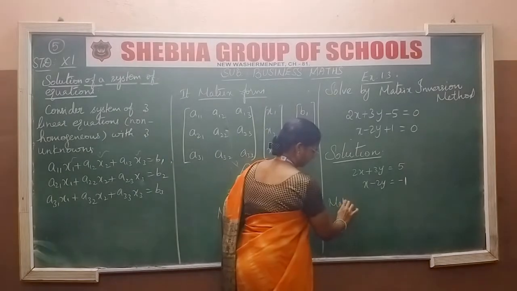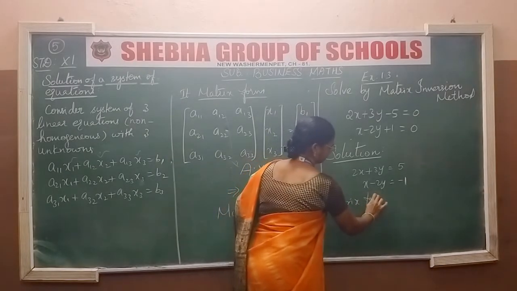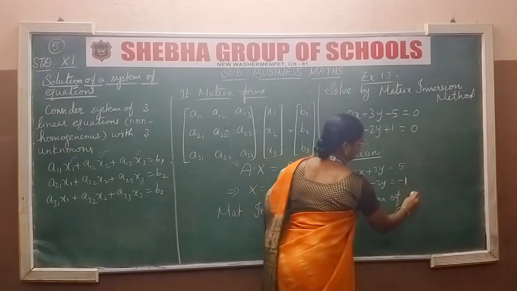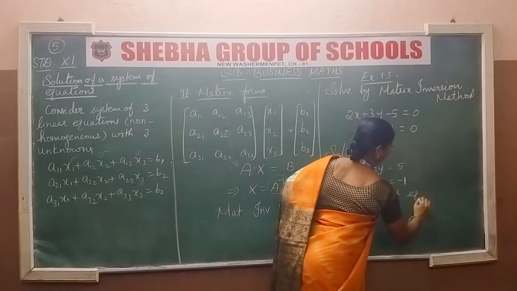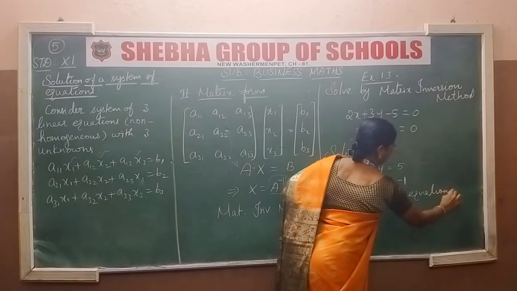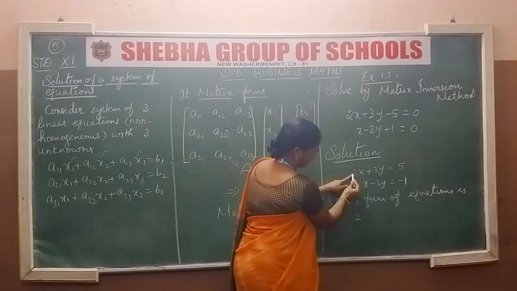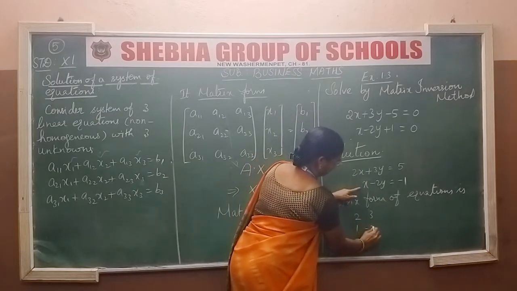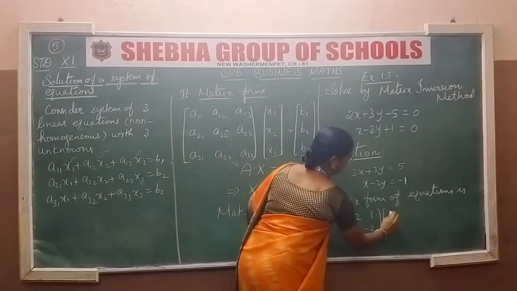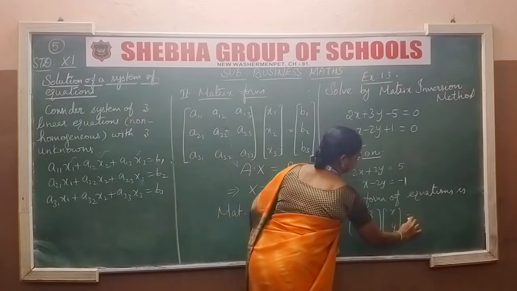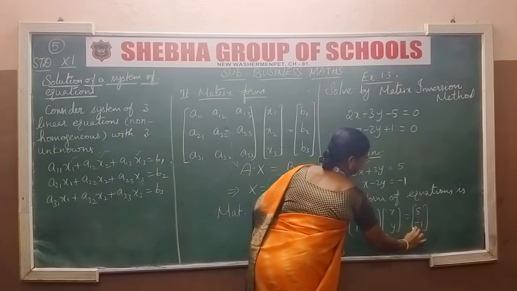Now we rewrite these 2 equations in matrix form. The matrix form of the equations: first write the coefficient matrix, 2 3, 1 minus 2, into the variables x y, equal to the constant terms.